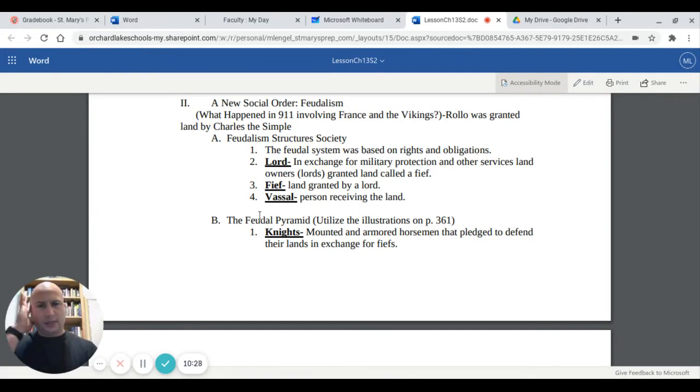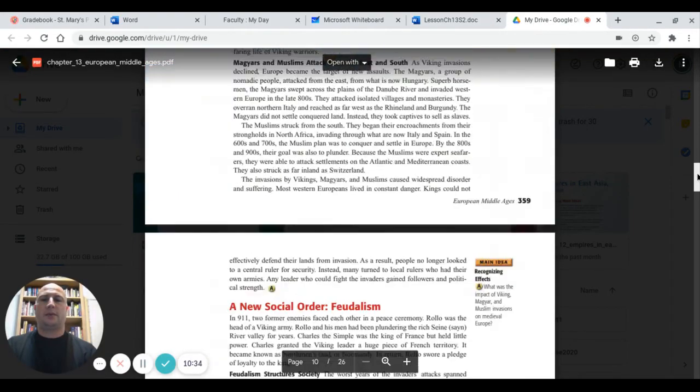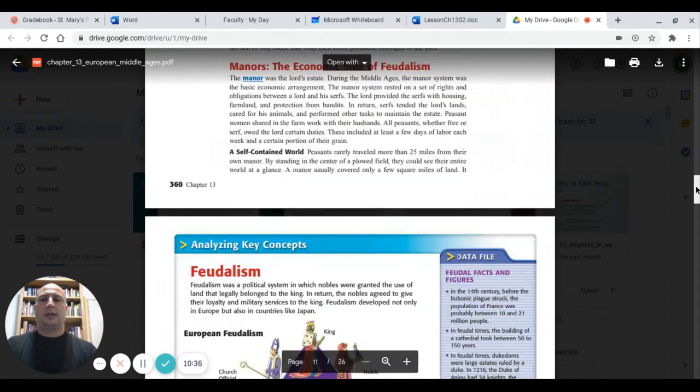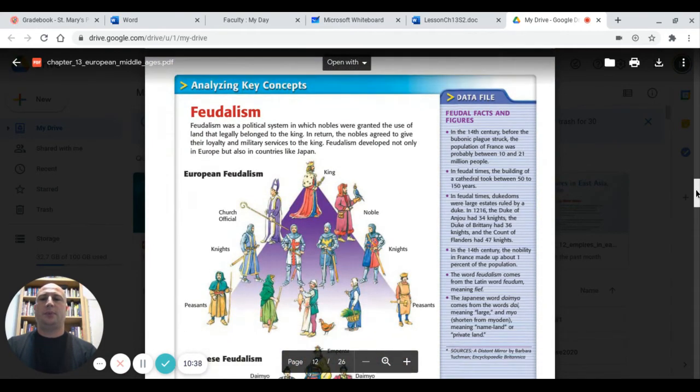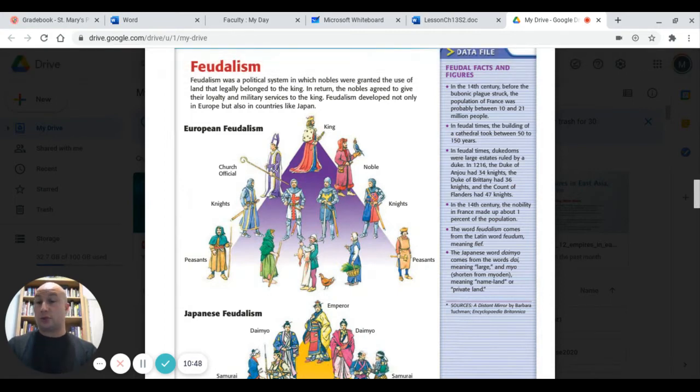Okay, there's a feudal pyramid that's located on page 361. Let's take a look at that real quick. It's right down here. Okay, here is the feudal pyramid. Now this one, I'm not a huge fan of this one. I'll explain, but this one here, European feudalism, of course, starts with the king. The king gives some land to the church.